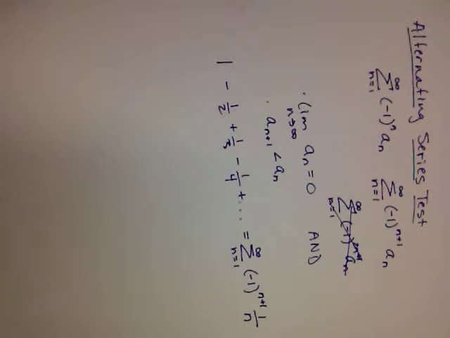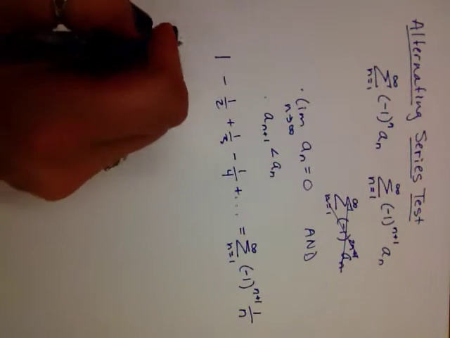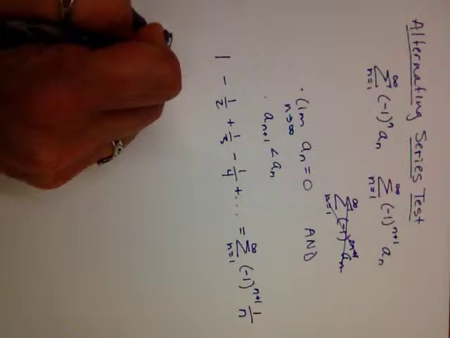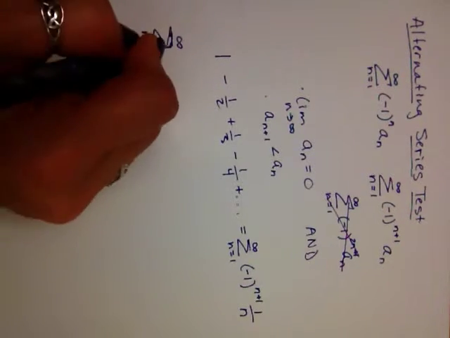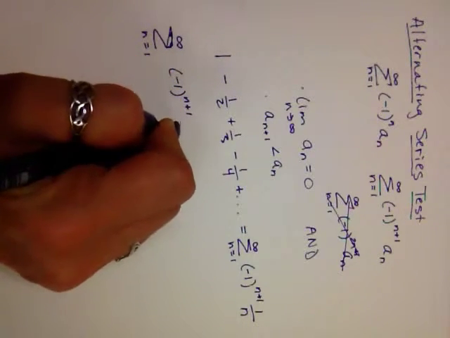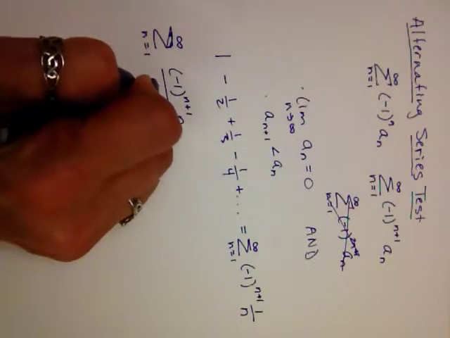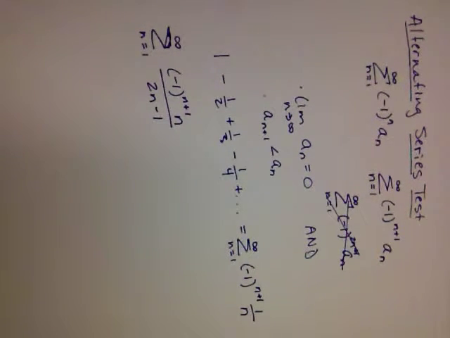So to look at some of these, one series we can examine is the sum from n equals 1 to infinity of (-1)^(n+1) times n divided by 2n minus 1. So this is our first series. Now I want to check and see if it's alternating.